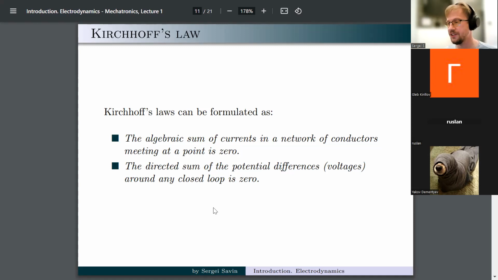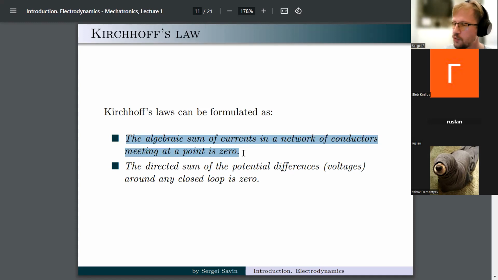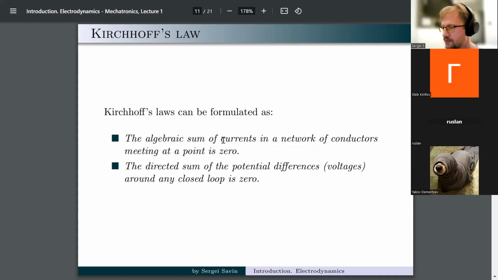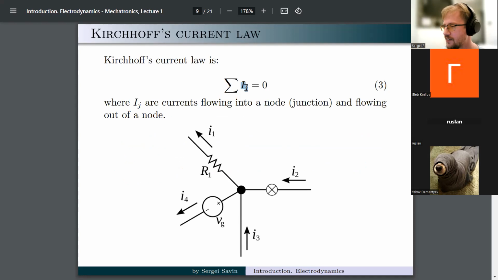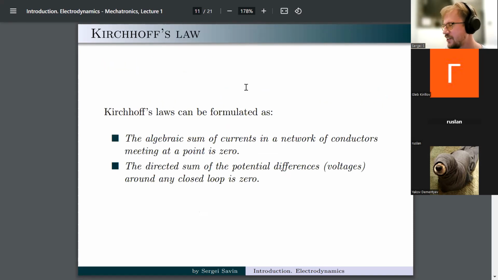I'm not sure if this helps, but sometimes writing it in words helps to clarify, because currents in a network of conductors is maybe a little more descriptive than just I. So you can read this too if you have doubts later about what this law is.